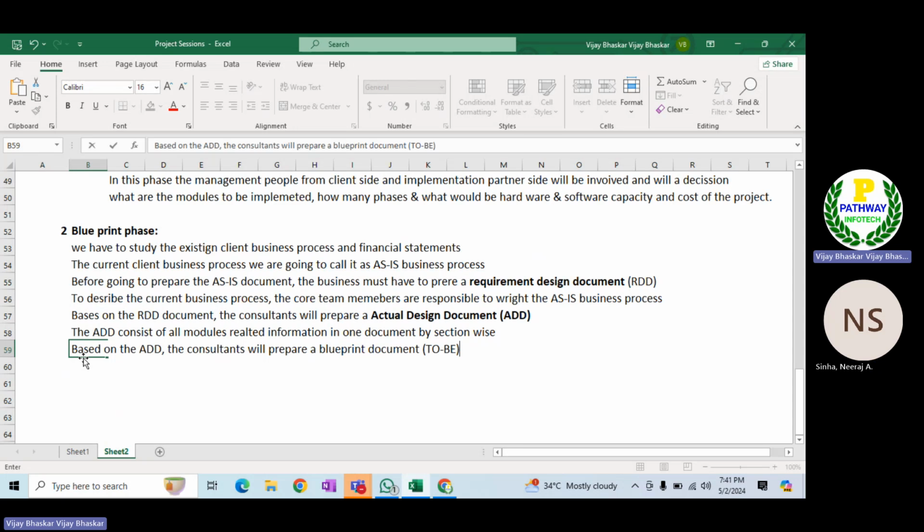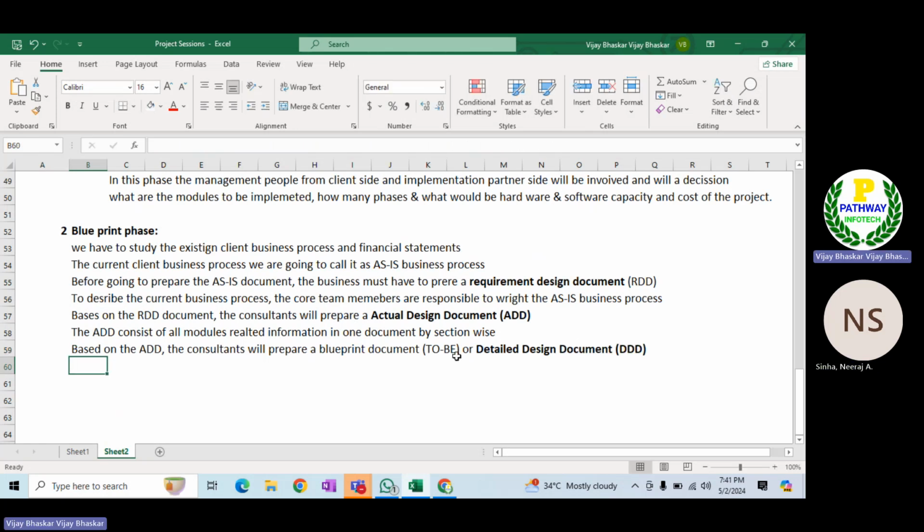To be means how the process which we are going to implement in the SAP system. Some people prepare a blueprint document or a DDD, a detailed design document. DDD stands for detailed design document.